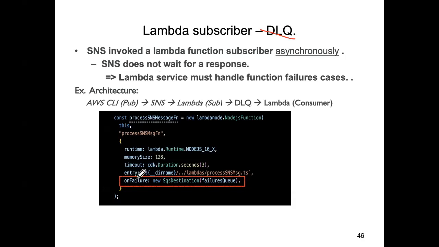Okay. And in this example, I am indicating that, because in my case this is the Lambda that is a direct subscriber to my topic, if it fails, i.e. if it throws an exception or times out, then I want the message to be written to a particular SQS queue.